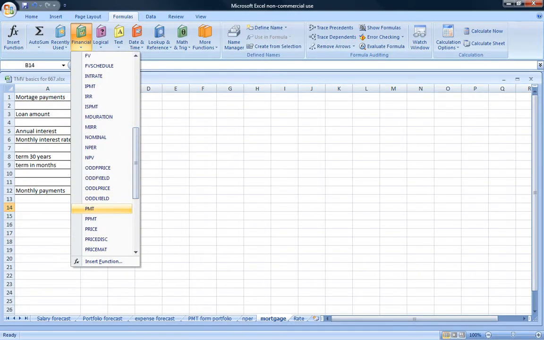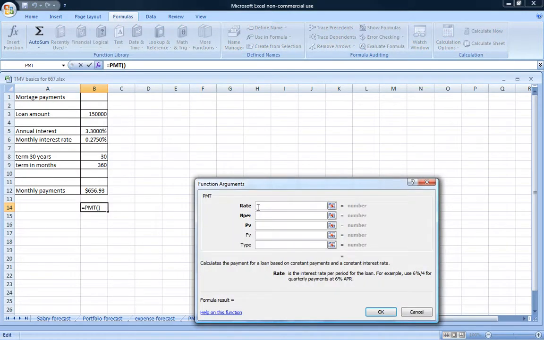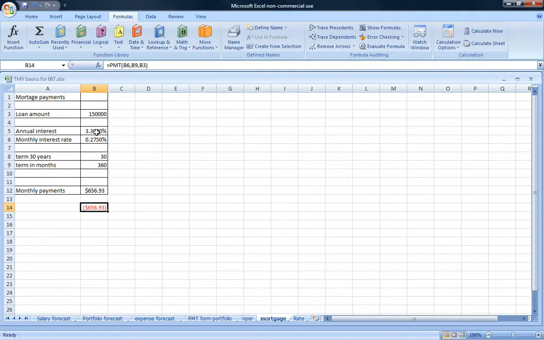PMT, right here. R, again, we want to use the one that we just calculated over here. Remember I said we had this number divided by this number, we're going to do that. Number of periods, we're going to go to the month, 360 months. Money we are borrowing is this amount. And if I want to be exactly what I had in the PowerPoints, we said over here is going to be 3.5%.